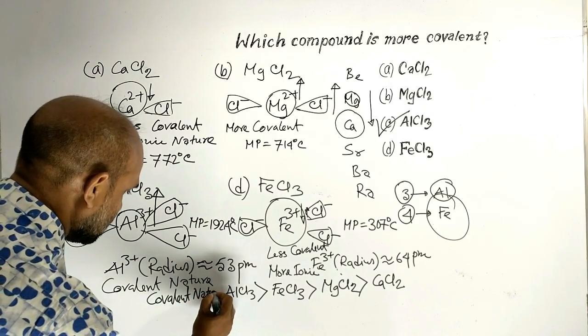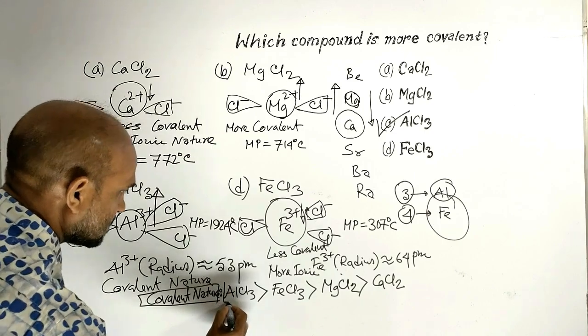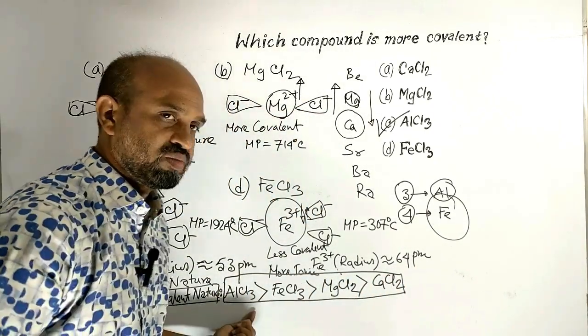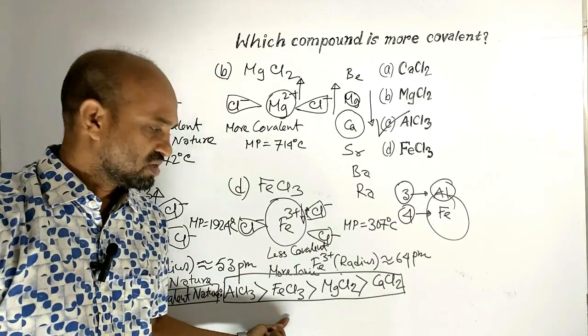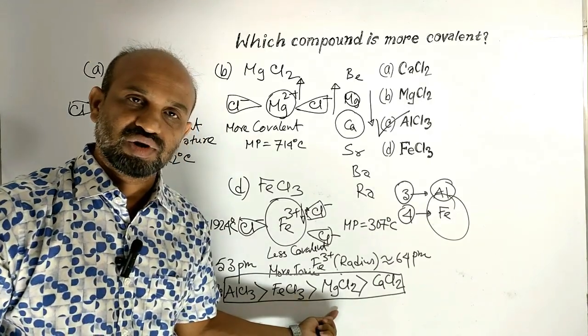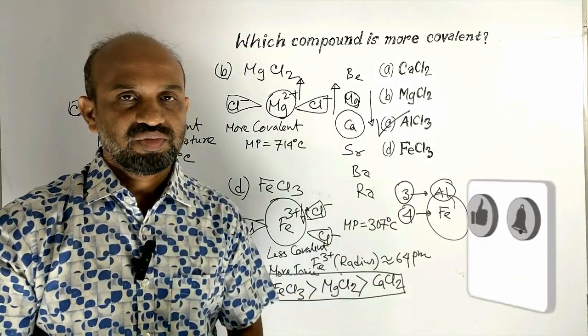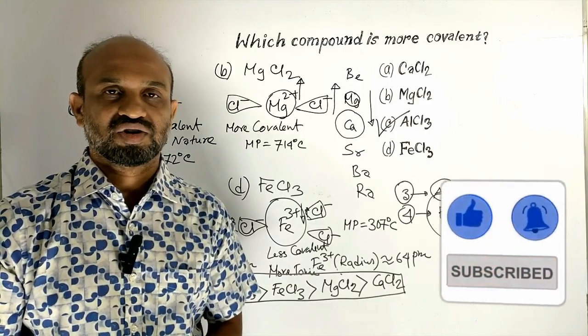This is the series of covalent nature: aluminum chloride is more covalent than ferric chloride, and then magnesium chloride, and finally calcium chloride. It came considering charge density and size of cations.